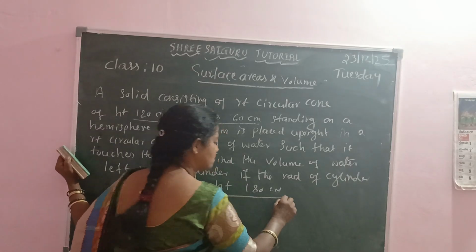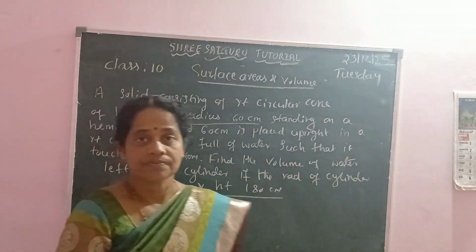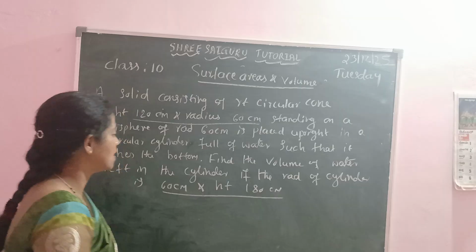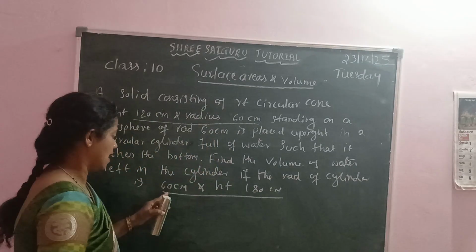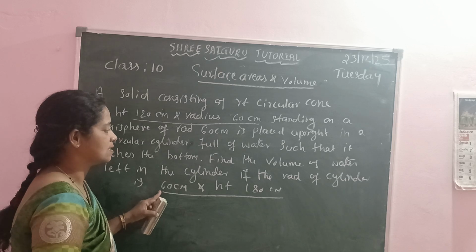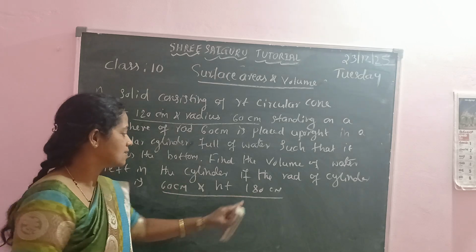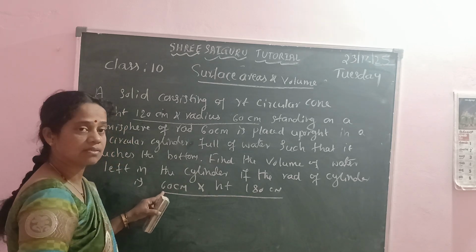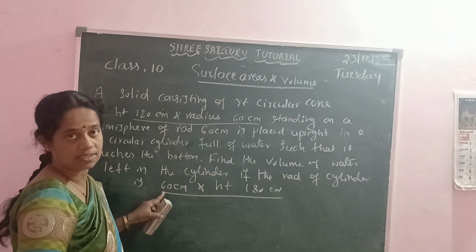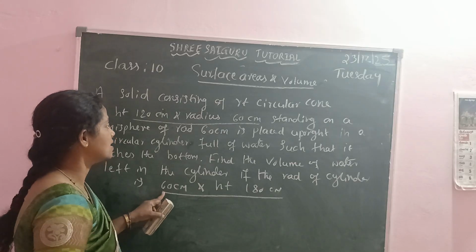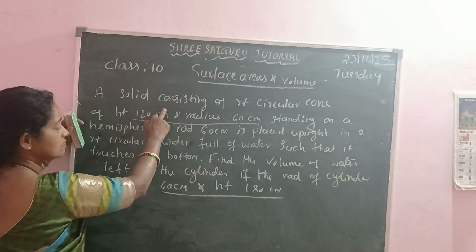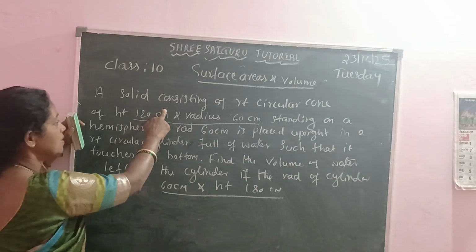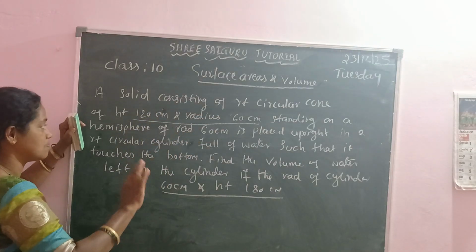height is 180 centimeter. So in this question we have one cylinder. The height of the cylinder is 180 centimeter. Radius of the cylinder is 60 centimeter. And inside the cylinder, what is there? One solid is there, which is the combination of cone and hemisphere.